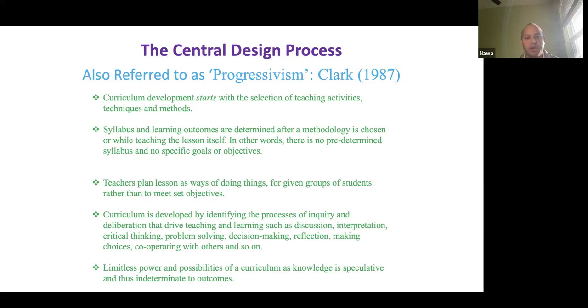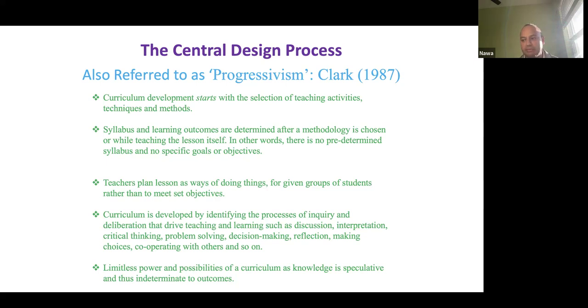That will decide what objectives are achieved from the activities students are doing in the class. So the syllabus and learning outcomes will be determined after students do those activities in the class. There is no predetermined syllabus, and there are no specific goals or objectives to attain. Every student will do their activities and evolve as they go.